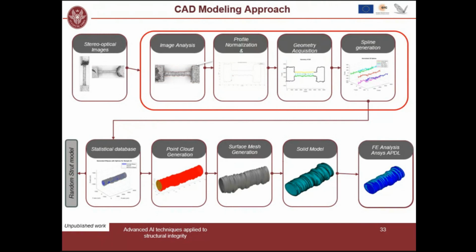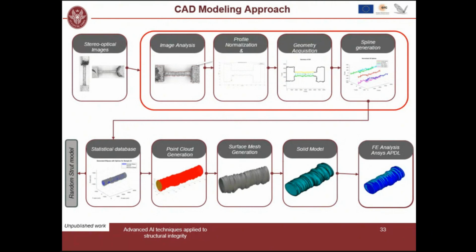So we just used stereo optical images and extracted the contour. Assuming that the strut was cylindrical, which technically it was, we assumed that the strut geometry with defects was an ellipsoid, and we extracted the defining coordinates of those ellipsoids.